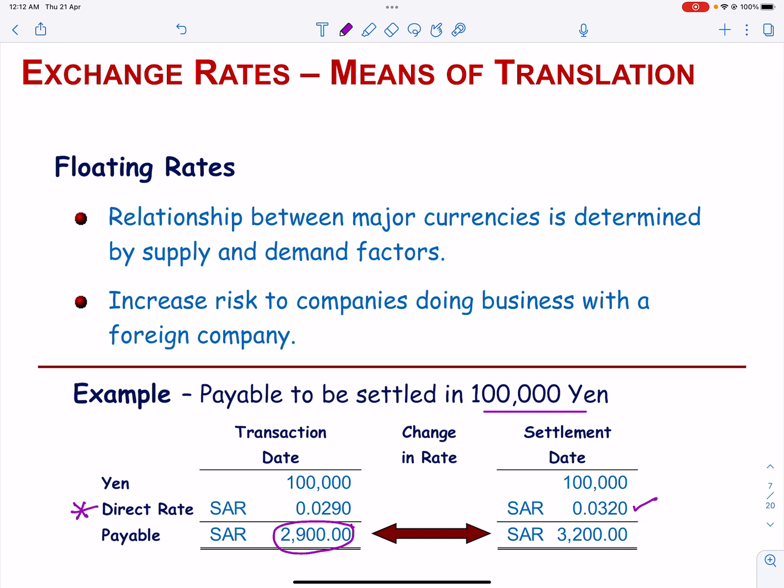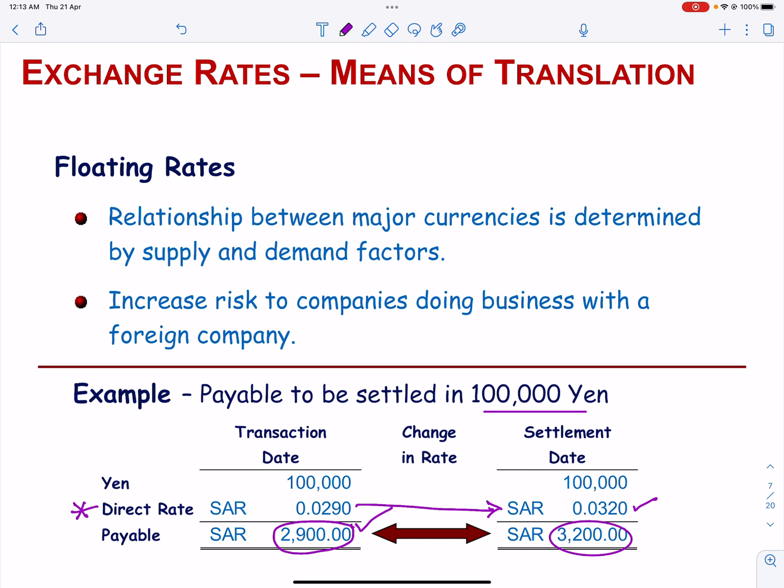The Saudi firm is losing, as they will be paying 3,200 riyals in place of 2,900 because the exchange rate has increased. The exchange rate will work in favor of the Saudi firm if the Japanese yen becomes cheaper on the settlement date.